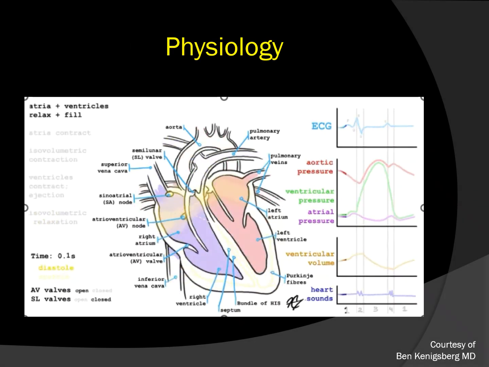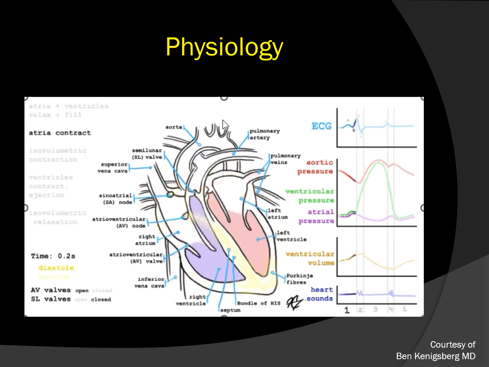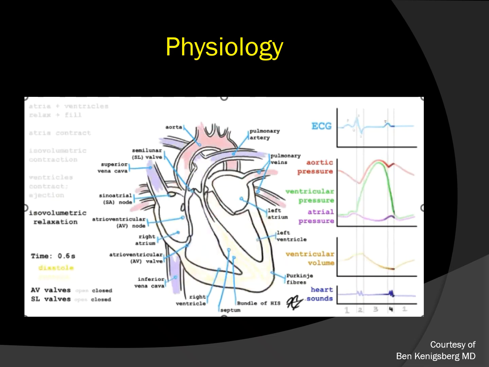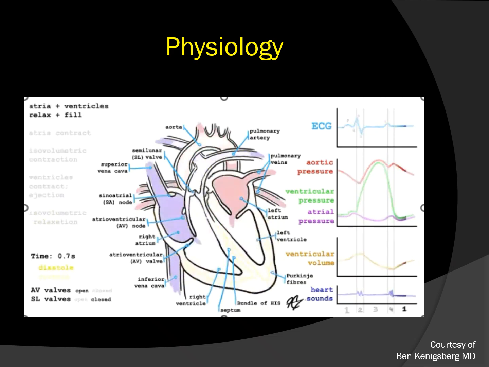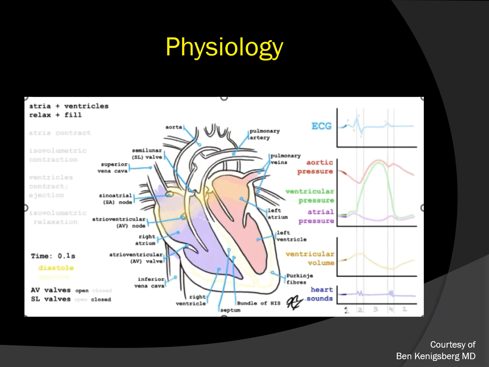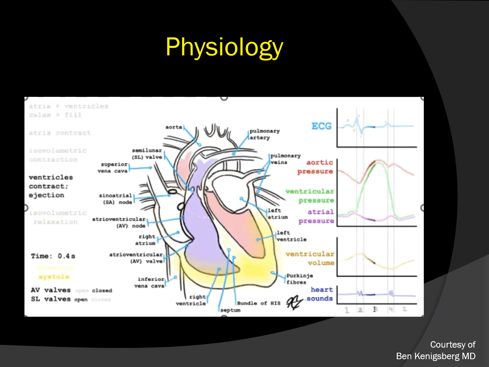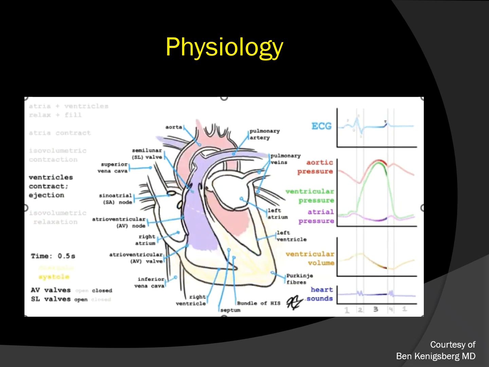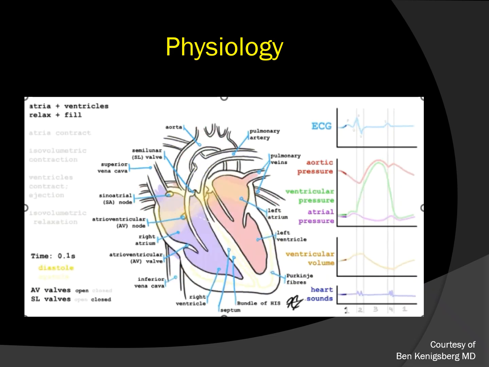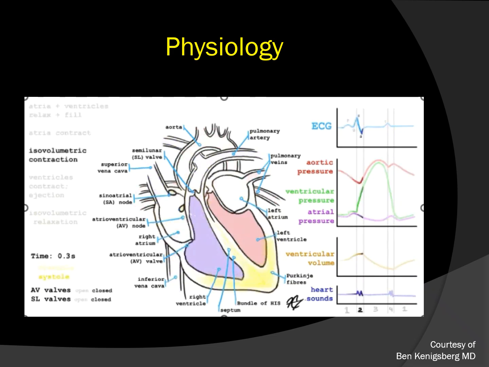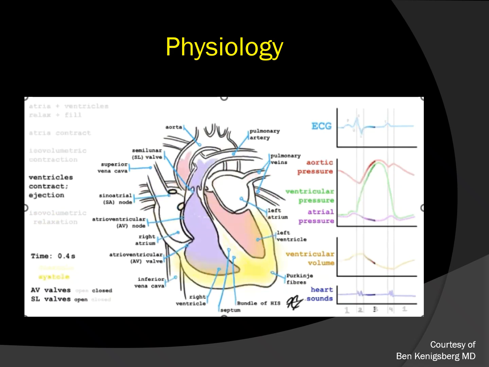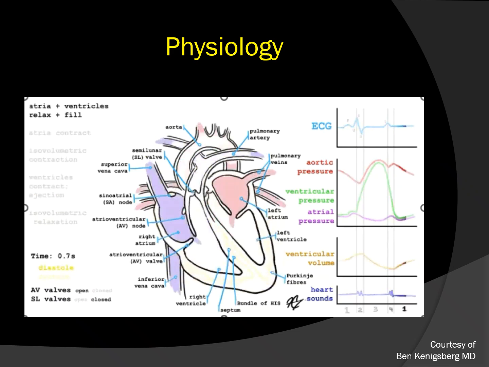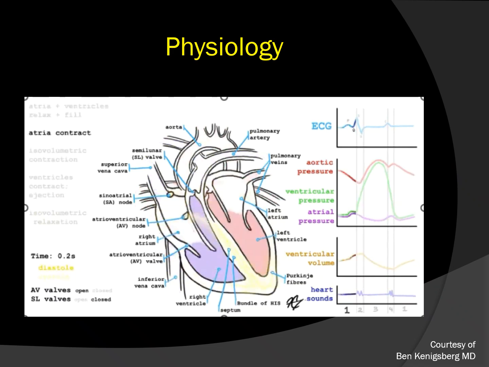Let's review the cardiac physiology to remind ourselves how the balloon coordinates inflation and deflation. On the top right, you can see the ECG tracing. You can see that systole begins at the QRS complex, while diastole begins at the T wave.